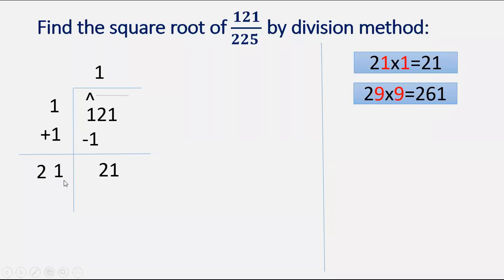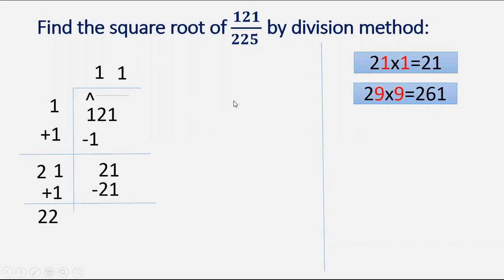So we can take here 21 into 1 is 21, right? So here 1 is multiplied over here. So 1 is going to be added on the left hand side. So 21 plus 1 is 22. 21 minus 21 is cancelled over here. So we get the answer of numerator 11.